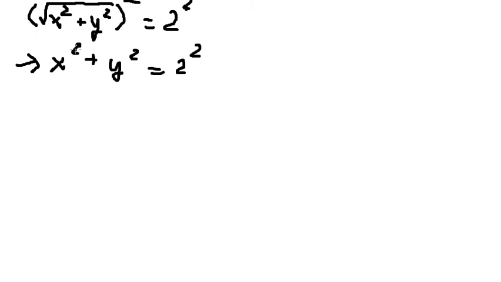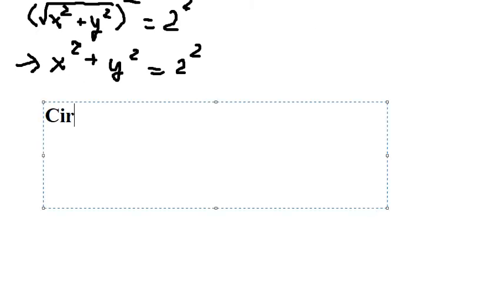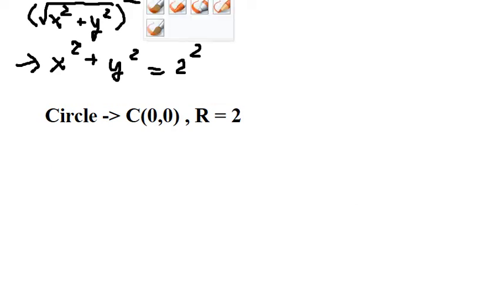If we look carefully, this is a circle with the center (0, 0) and the radius is 2. The number 2 is from here, because we just applied the formula in here.